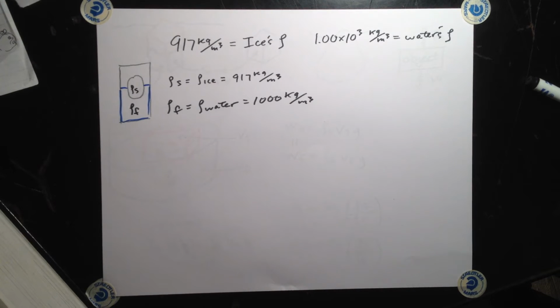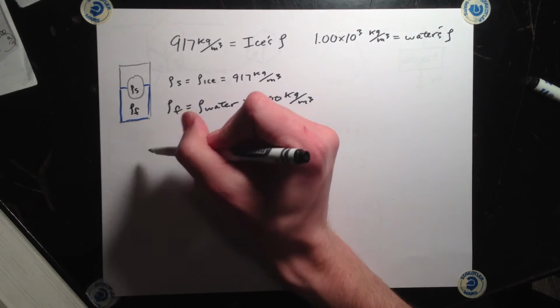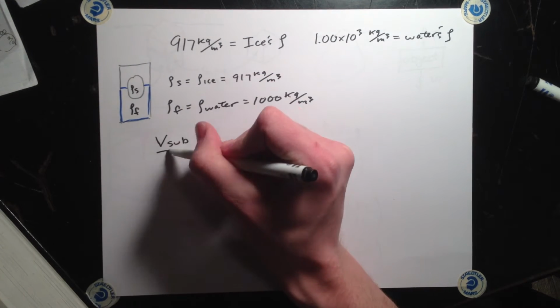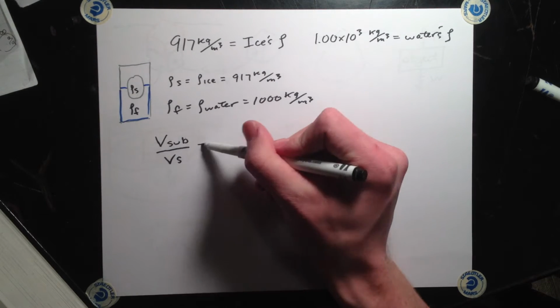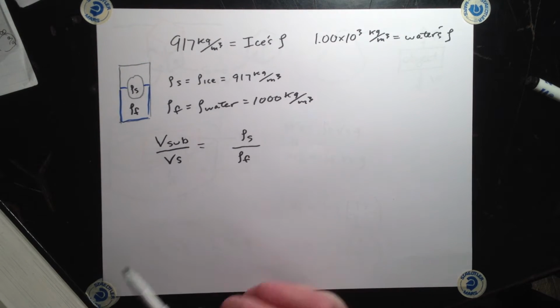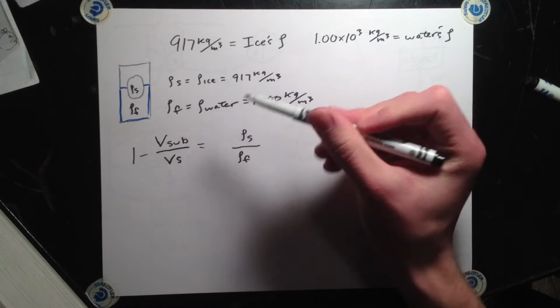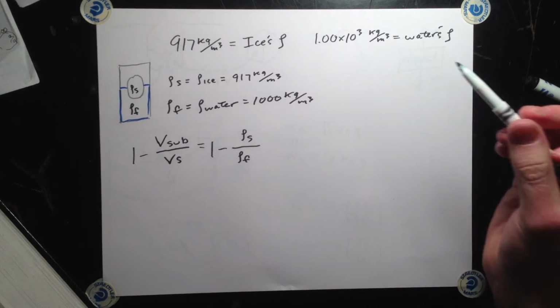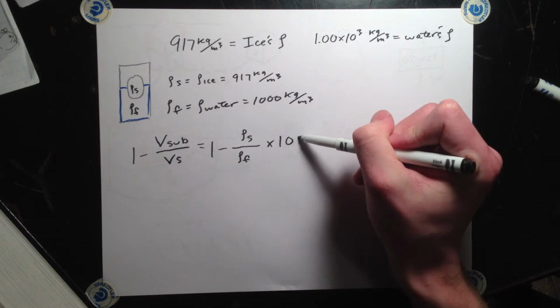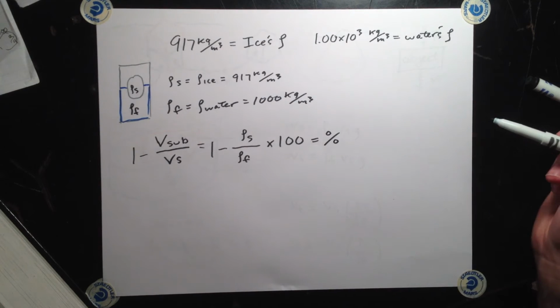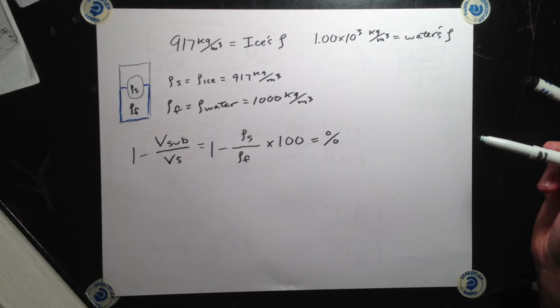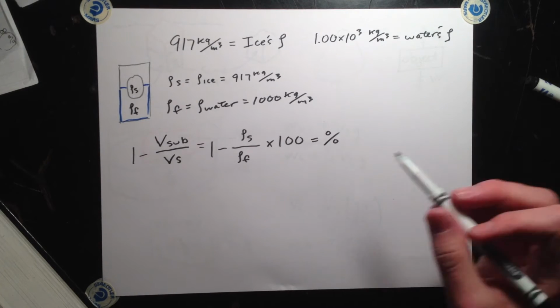First, the fraction of the total volume of ice, v of s, that is submerged is v sub over v of s equals d of s over d of f. Hence, the fraction that is above the water is just 1 minus d of s over d of f. Multiplying this fraction by 100 yields the percentage above water. Calculate the fraction of the total volume of ice that is submerged.